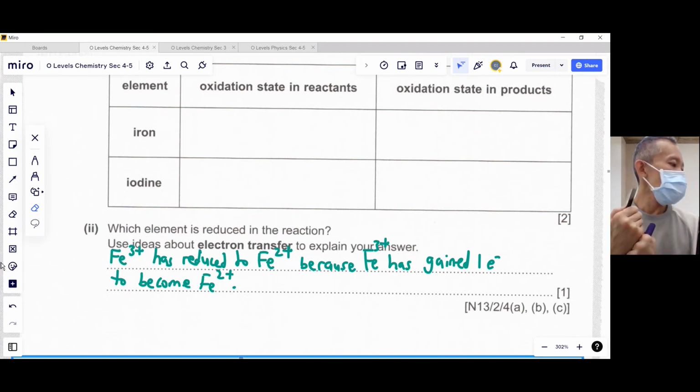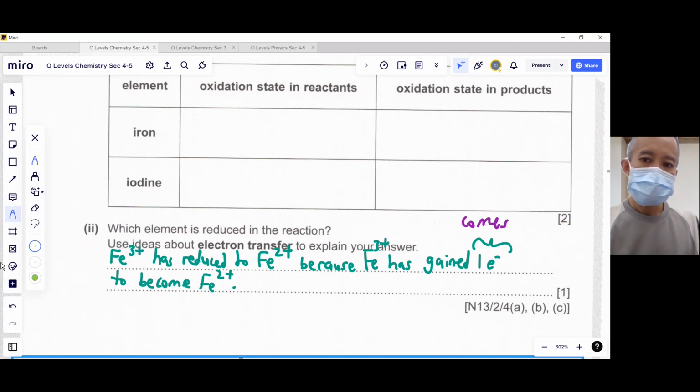Okay, so yep, that would be the final answer, but where does the one electron come from? Take one. Even though it's 1 mark, you don't have to write this down. However, you should know where this comes from.